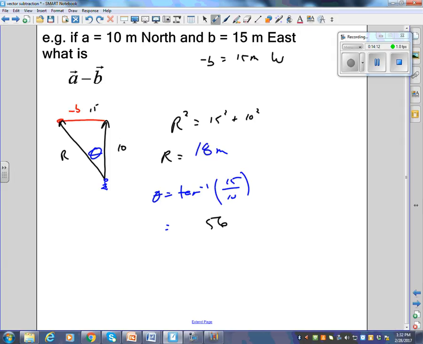But what are the directions that we're going to use? North. From here, from the little blue guy, we're going north. And then we go 56 to the west. So north, 56 west. That's it. That's all there is to it.